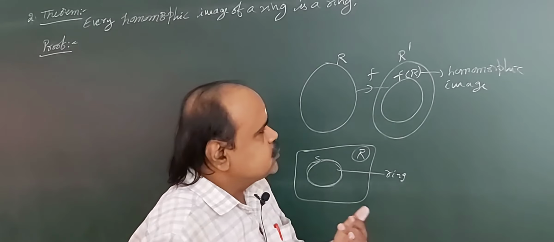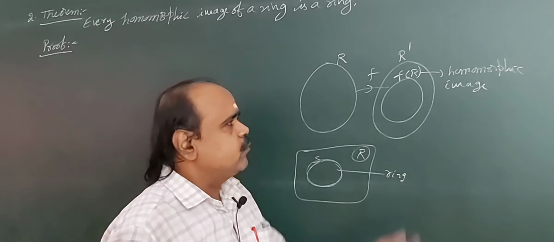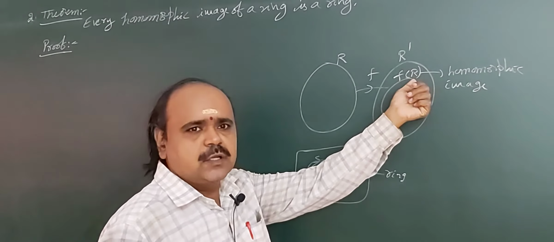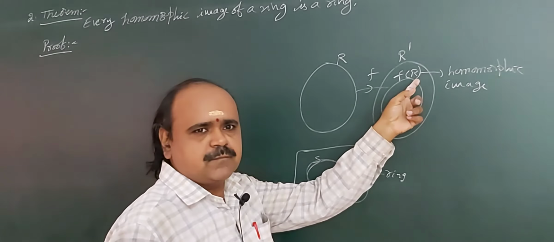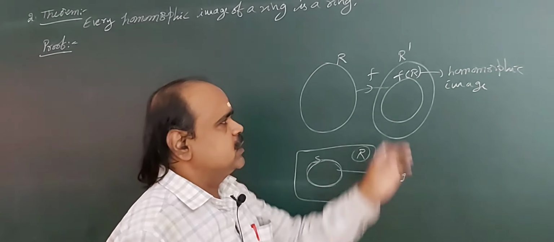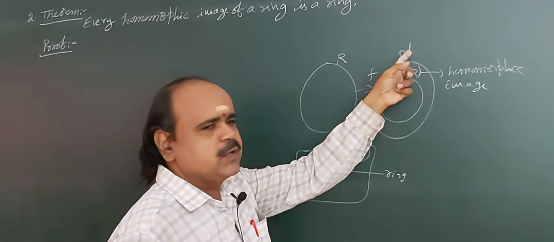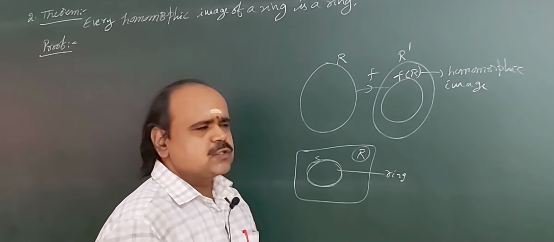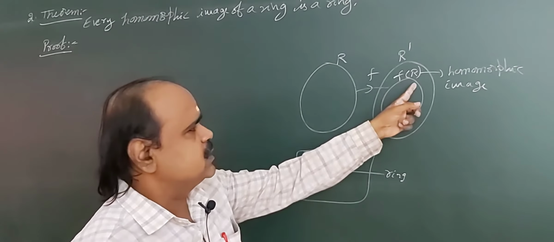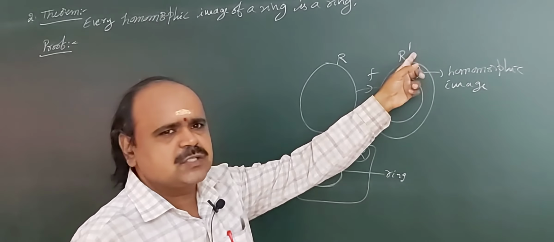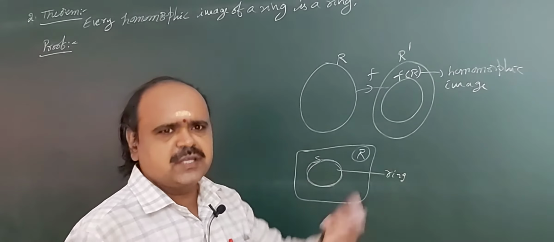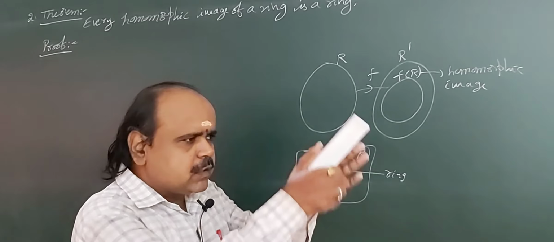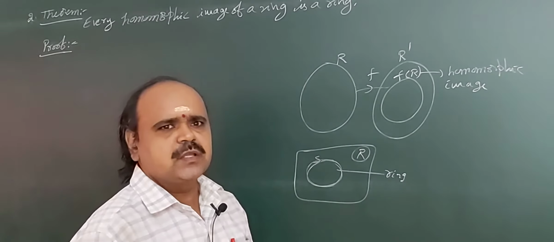It is enough to show that f of capital R is a subring of R dash. Why? Because every subring is a ring itself. So if we prove f of capital R is a subring of R dash, then directly f of capital R is a ring. There is no need to prove all the ring properties of a ring.